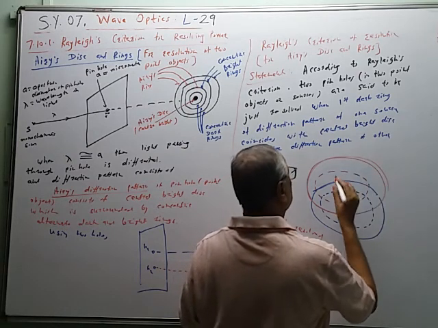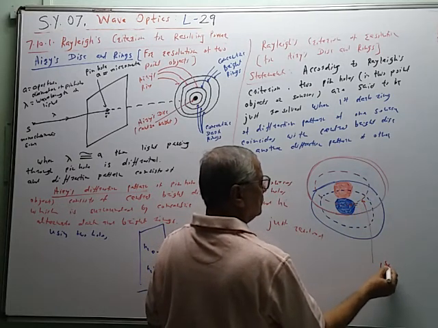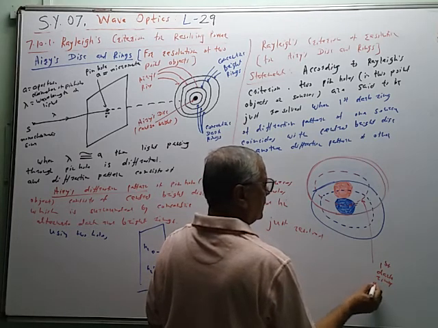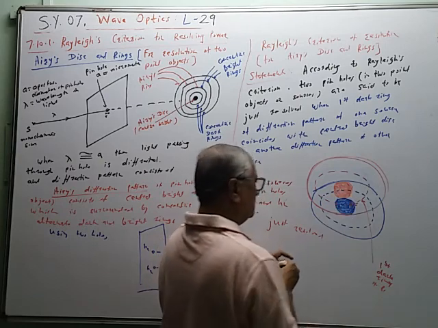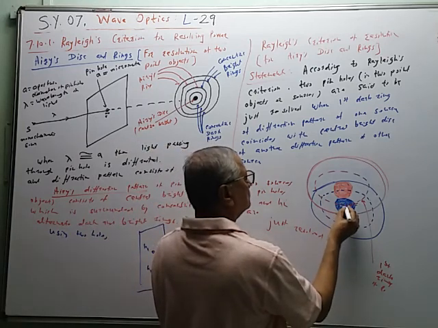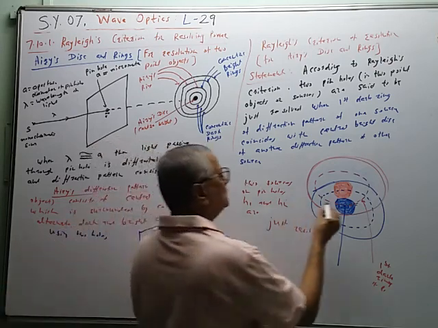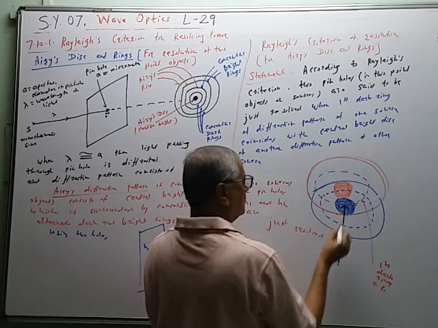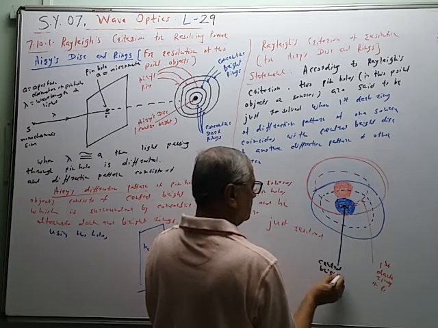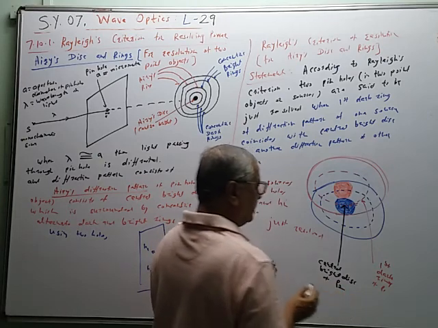This is the first dark ring of P1 and this is the central bright disk of P2.